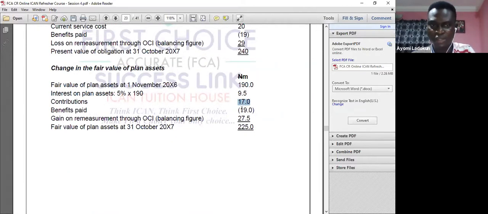So you have this 17 there. That's the contribution paid into the scheme. Is this the mathematics that we are still struggling with? Okay, so you agree now. So that's why you have it this way, to be showing just like your other net position.